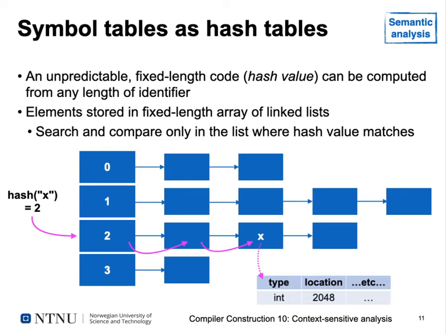And attached to this information on X is, of course, the information we've seen before, so X's type, X's location, and further additional information the compiler would want to use.